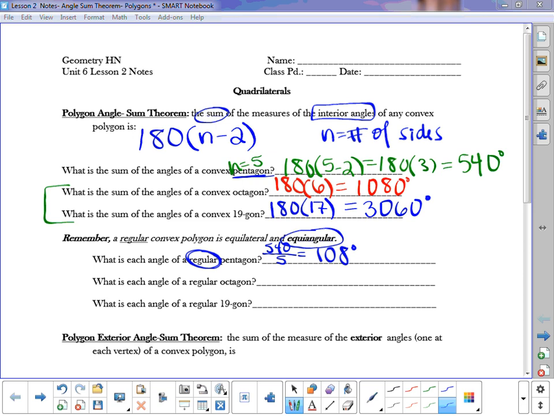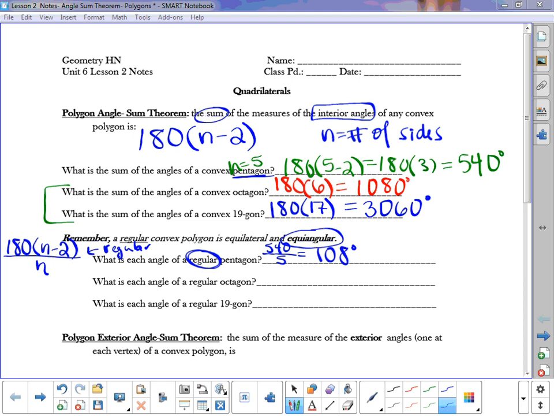So each interior angle is going to be 108 degrees because it's regular. If it wasn't regular, we don't have it in there. So in general, we can take that formula and divide by our number of sides. But note, again, this is only for regular polygons. And so that will give us 108.